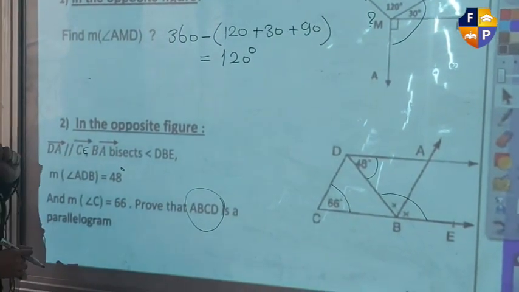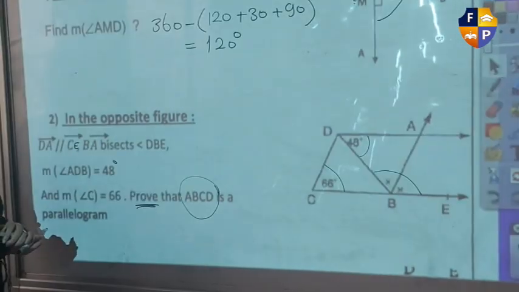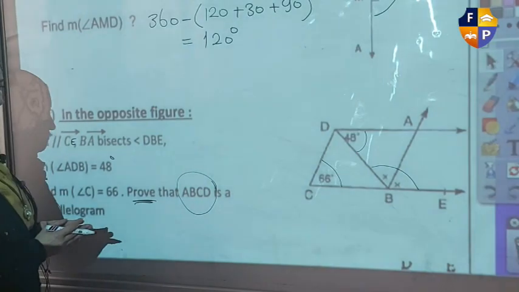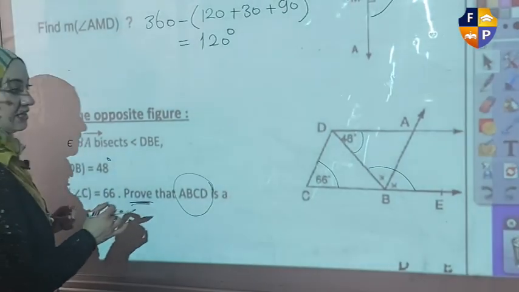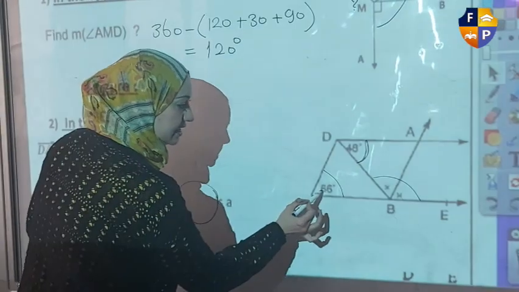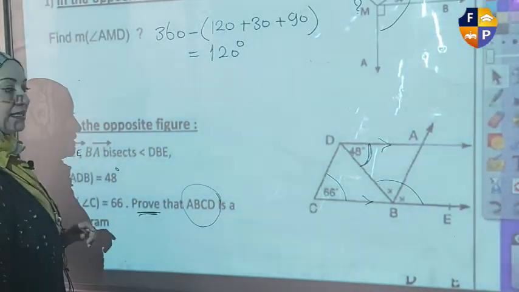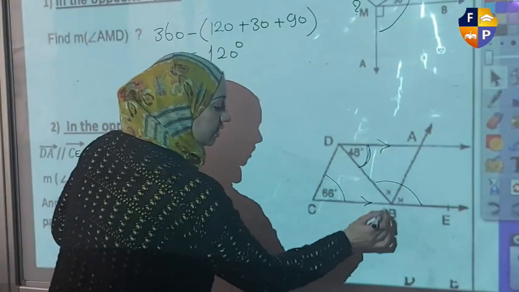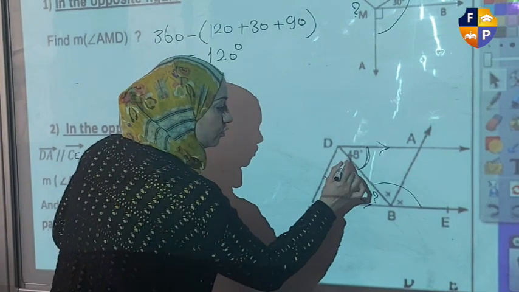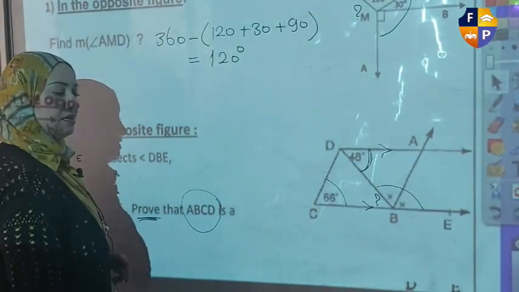Here, I will use the givens to prove the required. He wants to prove ABCD is a parallelogram, and he gives me the measure of this angle, and this parallel with this ray. As the first, angle DBC equals 48, equal to this alternate angle.